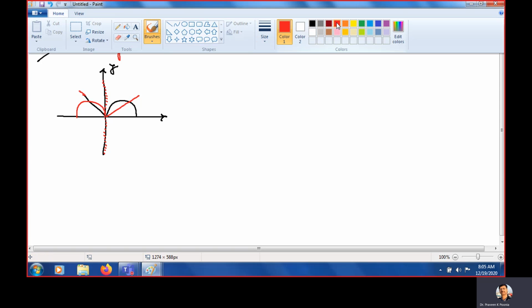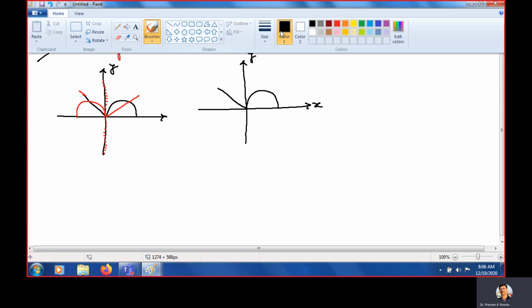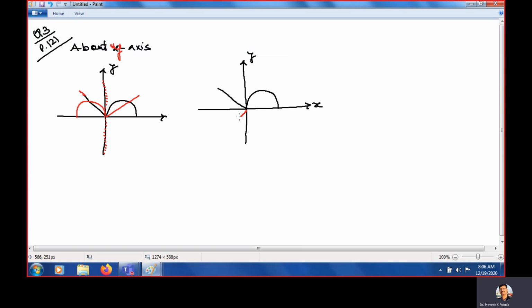And if we take about the x-axis, it will be what? This is the x-axis, this is x, this is y, and the same graph. You need to extend it symmetrical about the x-axis. X-axis means it should be the same below and above.